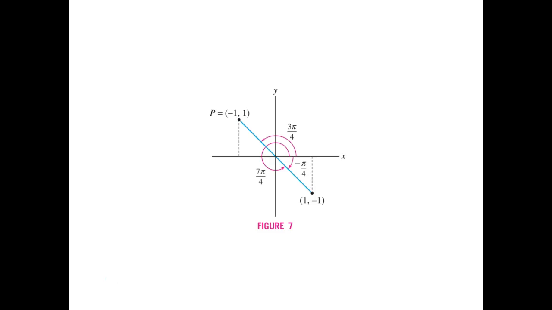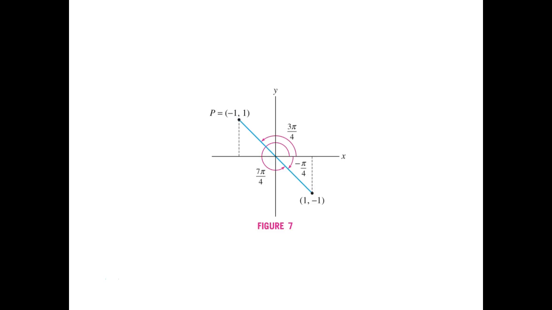Or negative square root of 2, minus 1/4 pi. This one down here could be square root of 2, 7/4 pi, or square root of 2, negative pi fourths, or negative square root of 2, 3/4 pi.